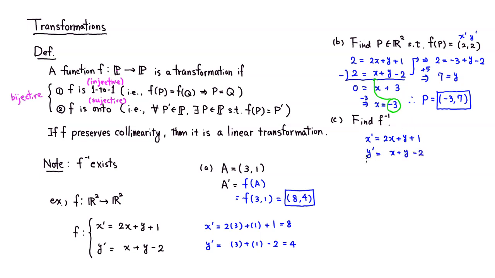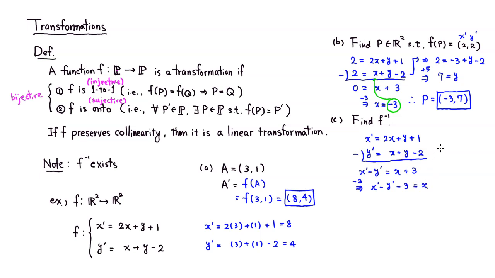As before, we can simply go through subtraction, which will give us x prime minus y prime is equal to x plus 3. So we can simply subtract 3 so that the 3 is on the other side. So it becomes x prime minus y prime minus 3 is equal to x.